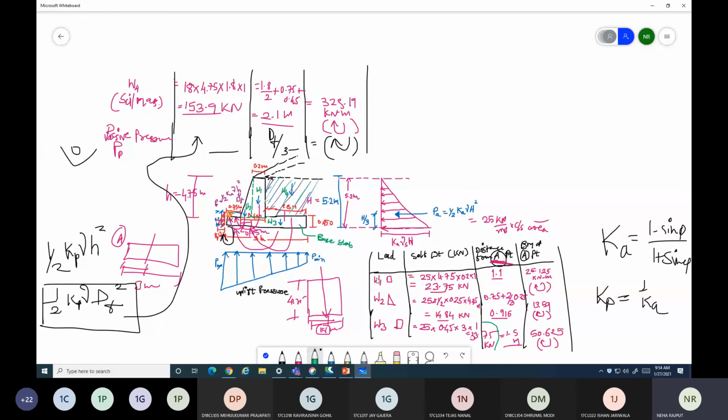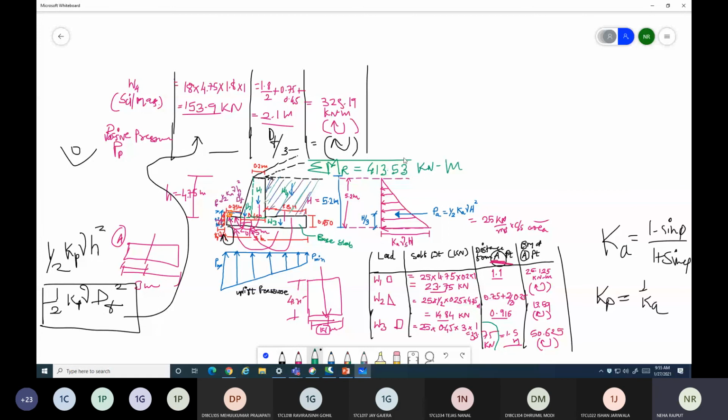Now, once all the pressure calculation is done for the stabilizing moment, at this point यहाँ पे आपको find करना है summation of total resisting moment. तो उसका समेशन क्या होगा? दिस 26.125 प्लस 13.59 यहाँ पे, देन 50.625 यहाँ पे, प्लस ये 323.19, राइट. और अगर आपने पैसिव प्रेशर कंसीडर किया है तो पैसिव प्रेशर का जो भी मोमेंट आएगा वो, all this you need to add and that will be your stabilizing moment or resisting moment, kilonewton into meter.